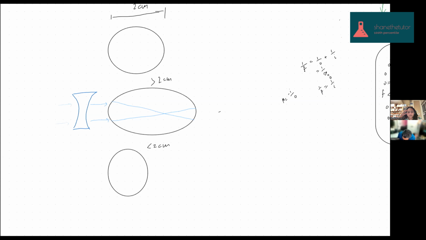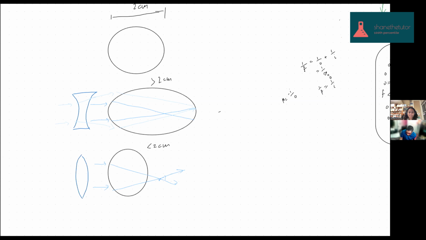Now, for people who are farsighted, their eyeballs are shorter. So when light hits and starts to converge, they will converge behind the retina. So what type of glasses do you think these people would wear? Converging. Like that.